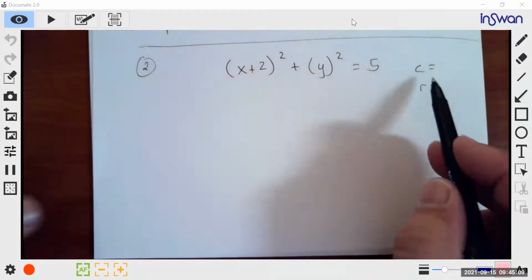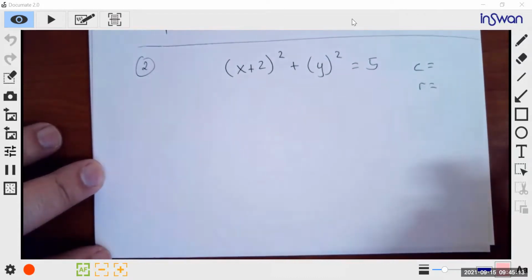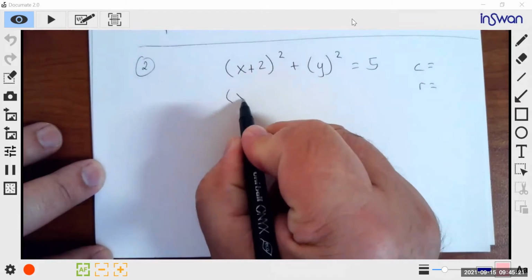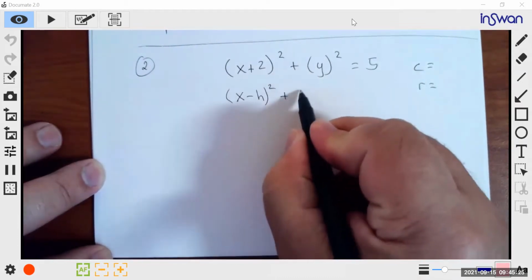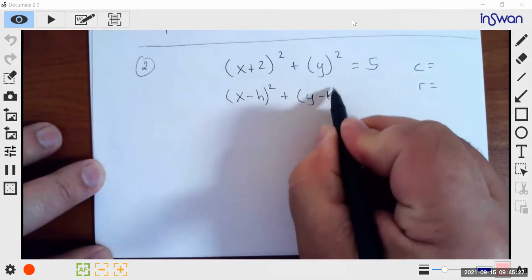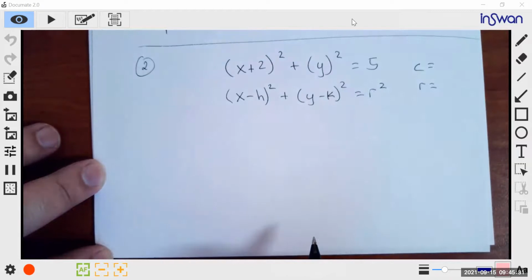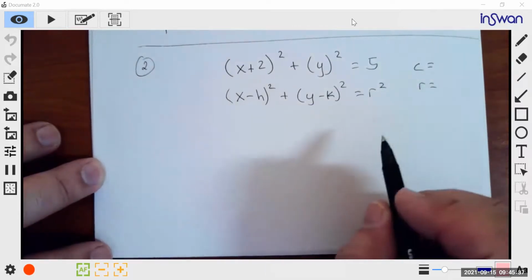If it's asking for a center and radius, what kind of equation are we looking at? A circle. What's the formula for a circle? X minus h squared, very good, and equals r squared. So the center is at h, k.